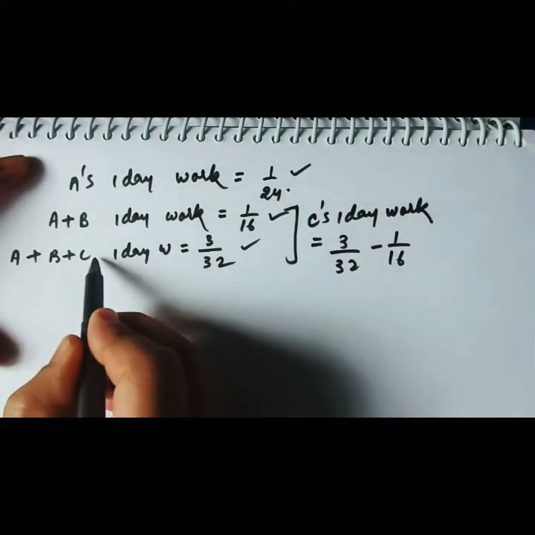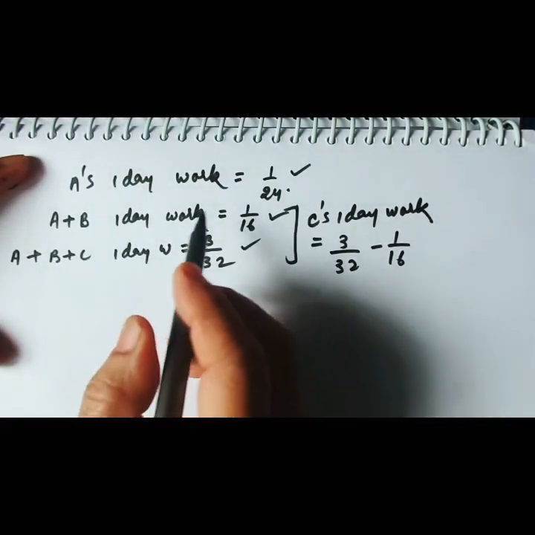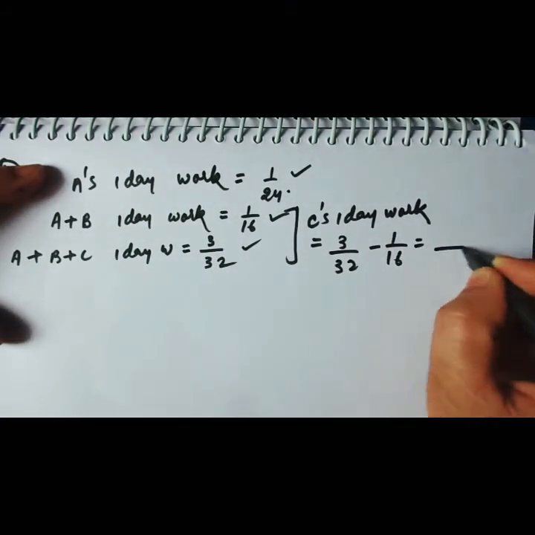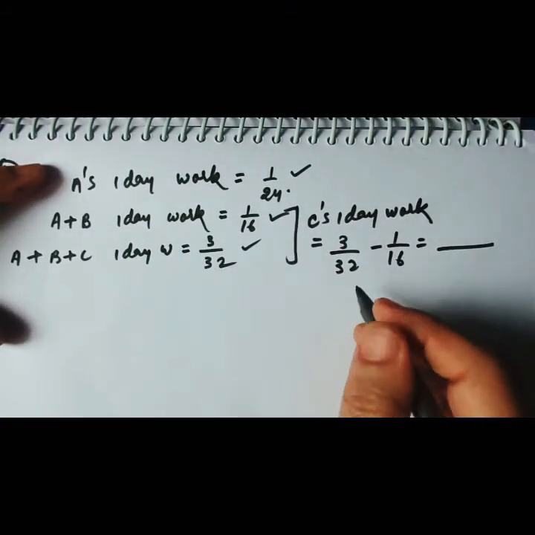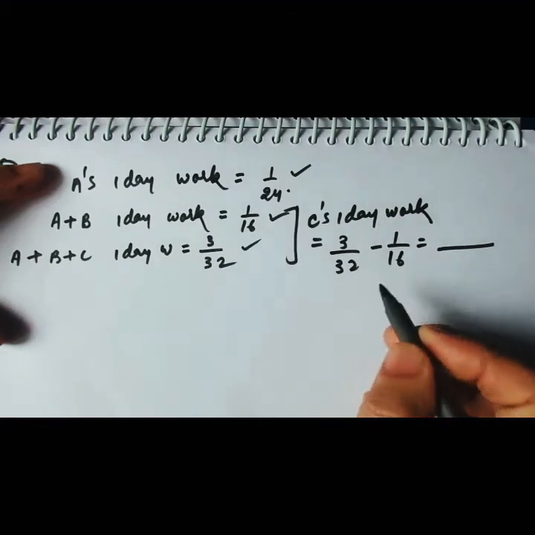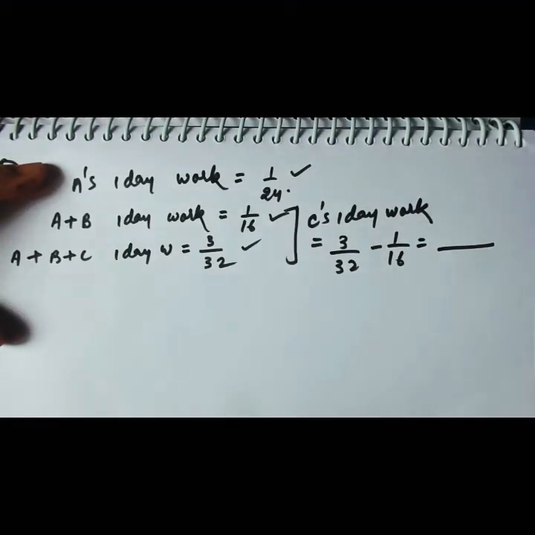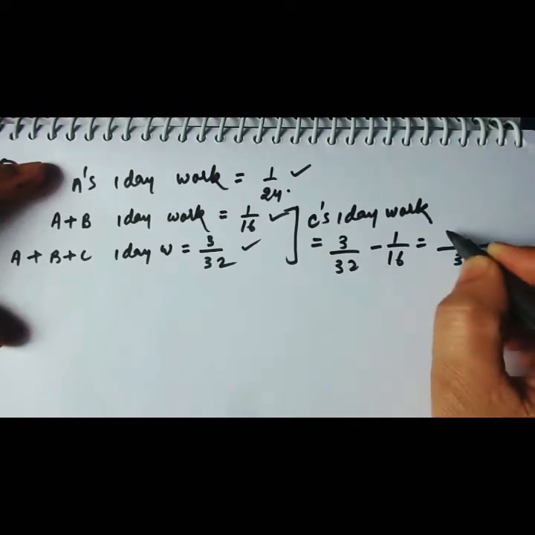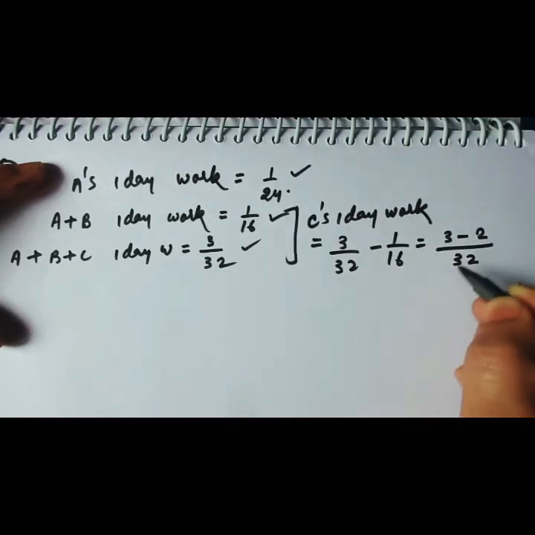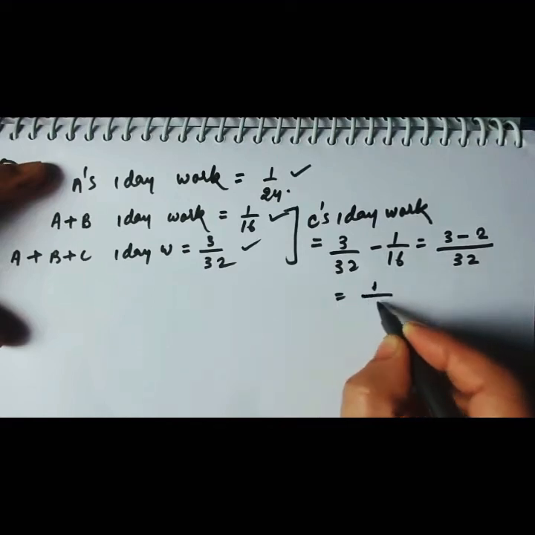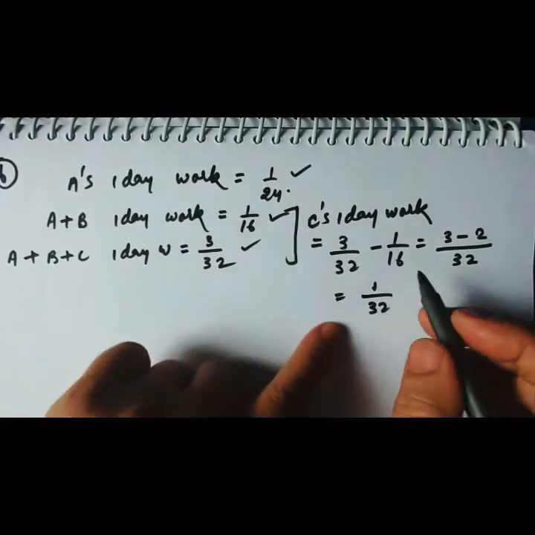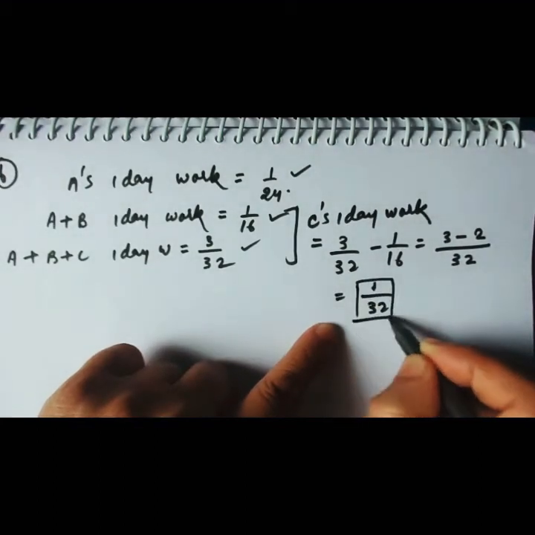From A plus B plus C, remove A plus B. What will you get? You will get only C. This will be equal to how much? LCM of 32 and 16 will be how much? It will be 32 only. So 3 minus 16 2s are 32. It will be equal to 1 by 32. So C's 1 day work is equal to 1 by 32.